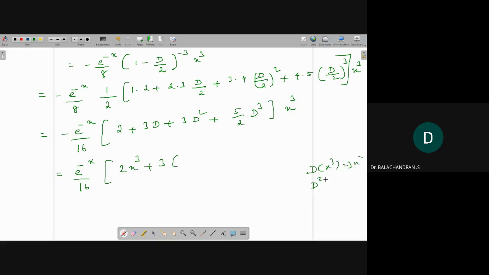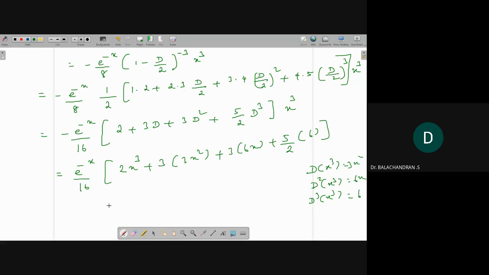D square of x cube is 6x. D cube of x cube is 6. So now differentiation of x cube is 3x square plus 3 into differentiation 2 times. If you differentiate, you get 6x plus 5 by 2. If you differentiate 3 times, you'll get 6.